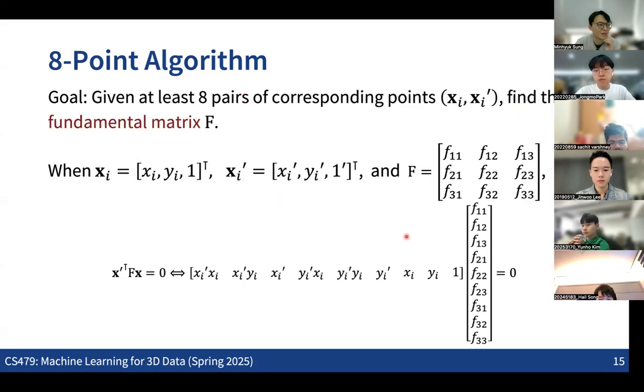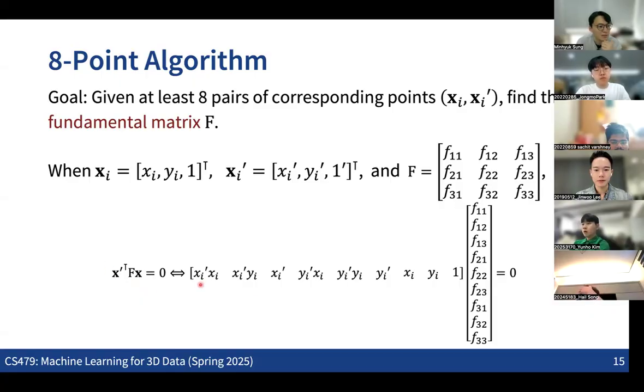But we'll see how we can calculate the fundamental matrix, which is similar to what we have seen with the direct linear transformation algorithm for camera resectioning. But now we have a slightly different form: the fundamental matrix is defined by multiplying the homogeneous coordinates on the left and right-hand side, and the output should be 0, right?